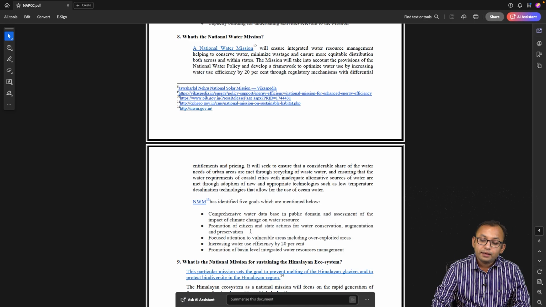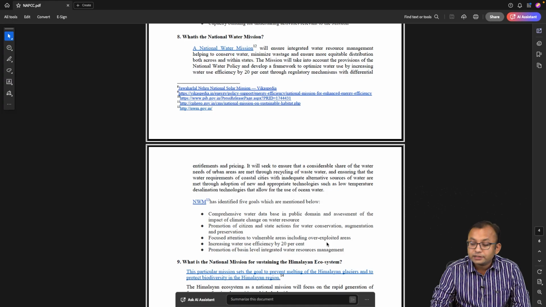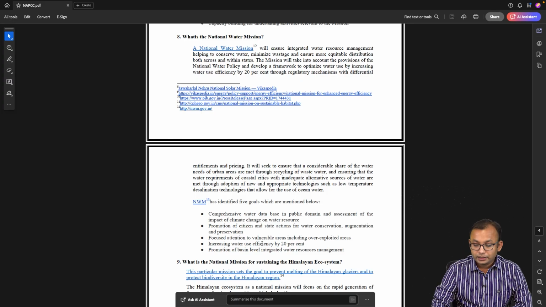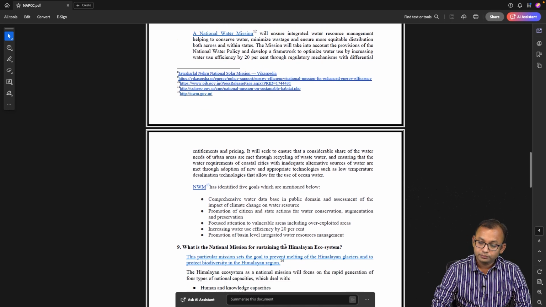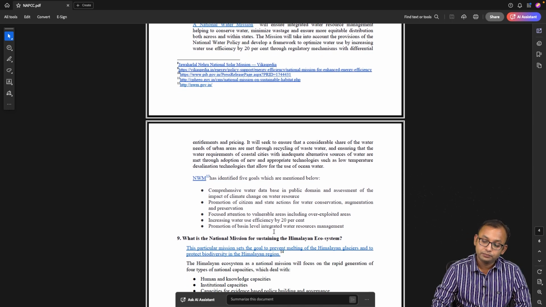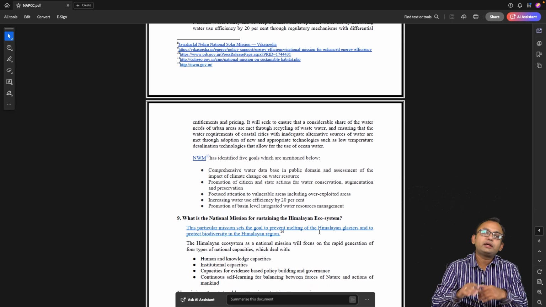Then there is promotion of citizen and state actions for water conservation, augmentation and preservation, focused on vulnerable areas including overexploited areas in terms of water resources, increased water efficiency by 20%, and promotion of basin level integrated water resource management. So, these were the major objectives of the National Water Mission.